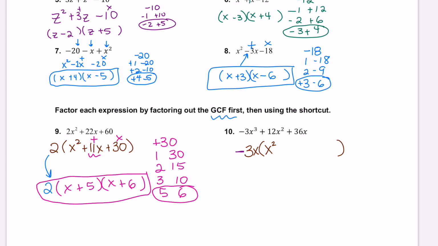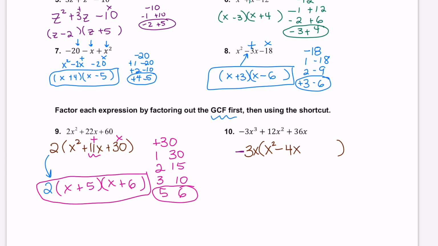Now I pulled out a negative sign, which is going to change this plus right here to a minus, because a negative times a negative will equal that positive there. And negative 3 times negative 4 will give us the 12, and x times x gives us x squared.